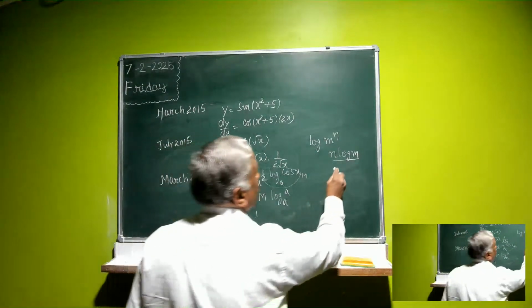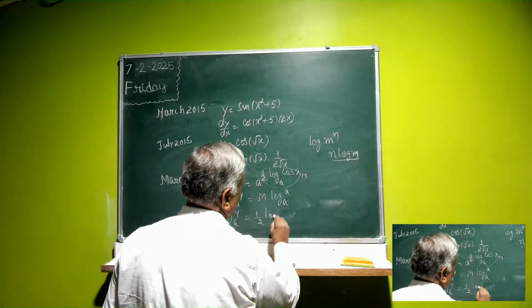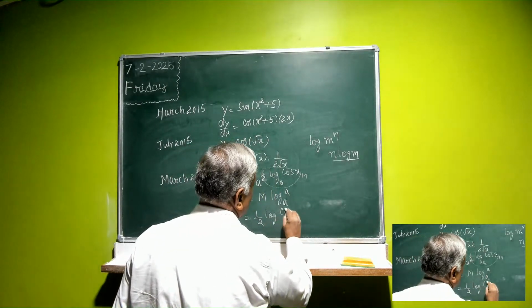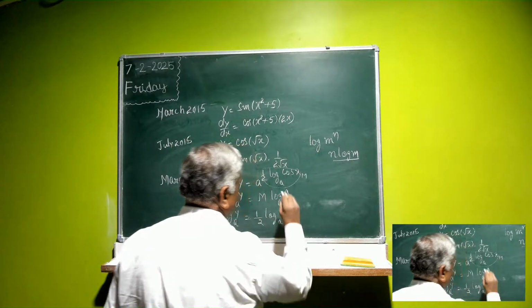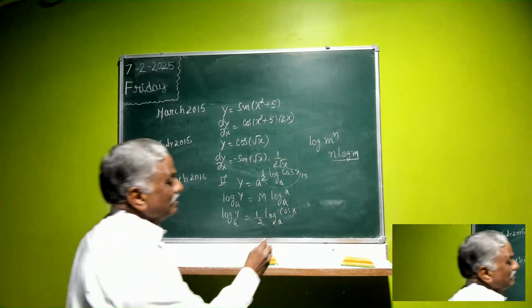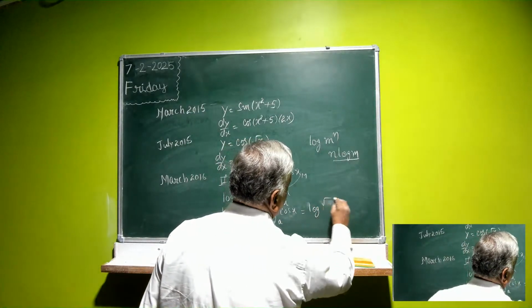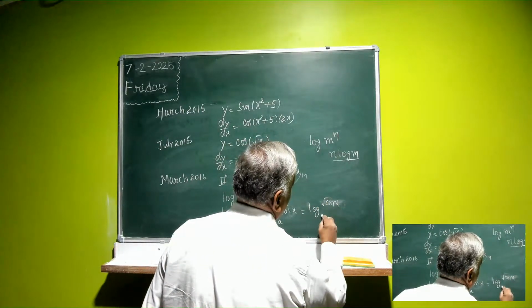What is m? m is half log cos x to base a. Now I can write this as log root cos x to base a.